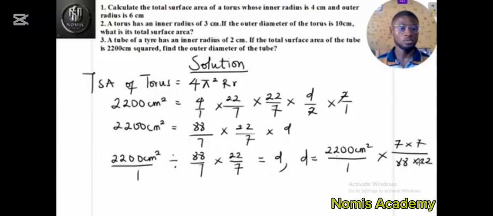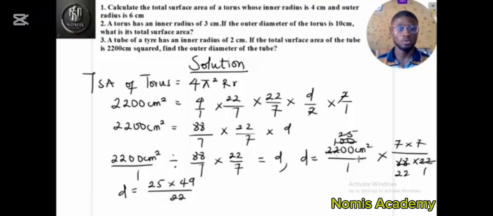So I can say 22 here 1, 22 here 100. So I can say 4 here 22 and 4 here 25. So I'm left with D equals 25 multiplied by 49 all over 22.